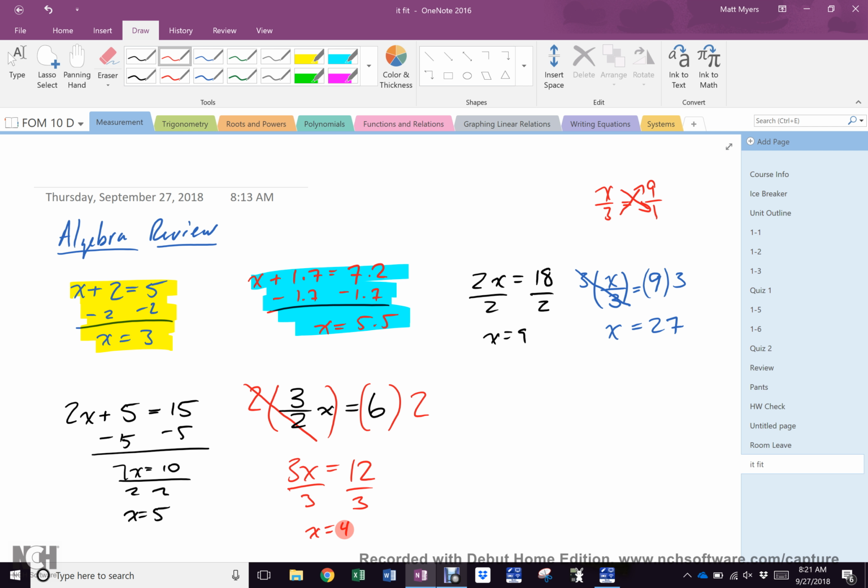Now, Jeremy's plan works really well for 3 over 2. Why? Because it makes a nice, pretty fraction, right? Yeah. What if it was, just wait, what if I gave you 4/7 x equals 8?